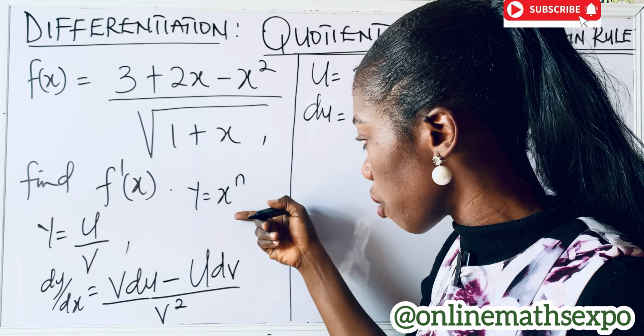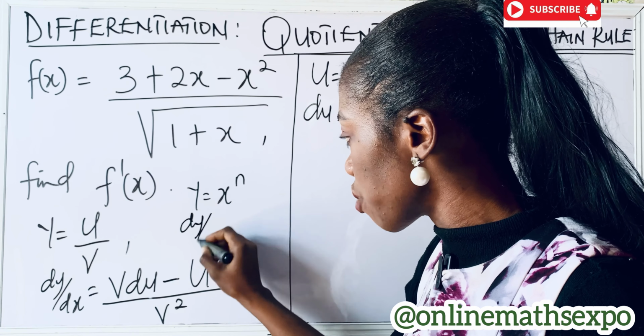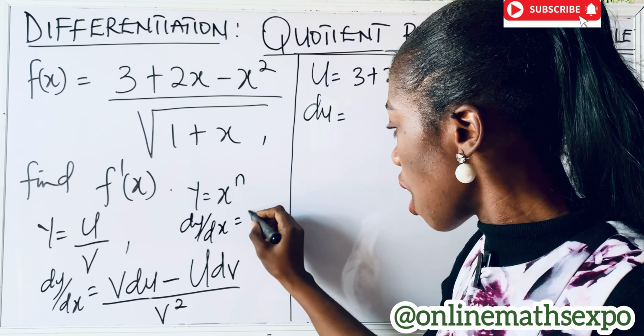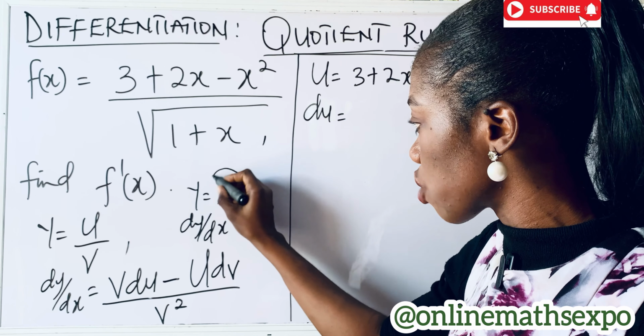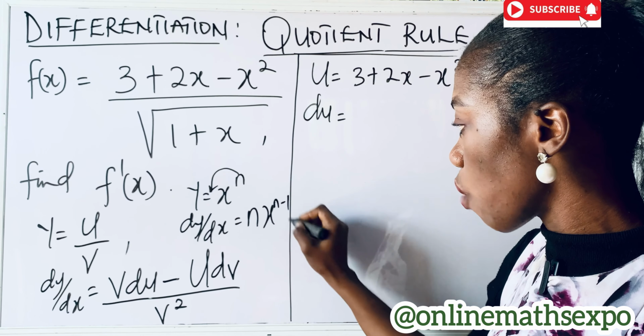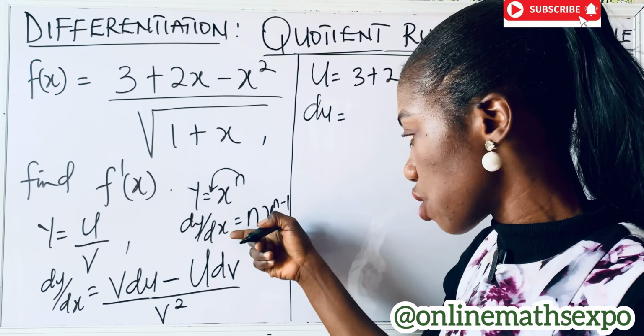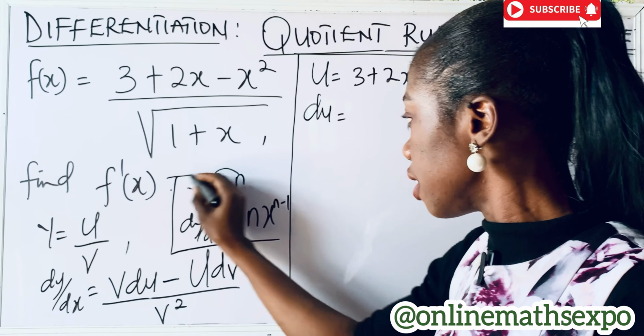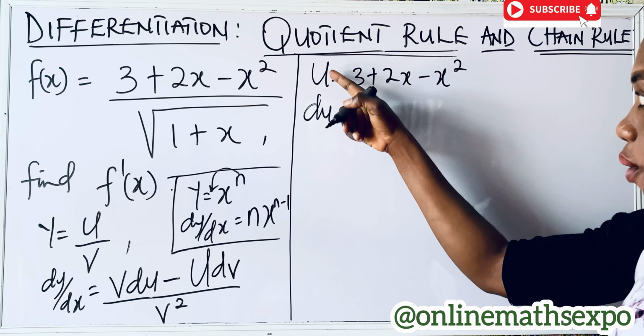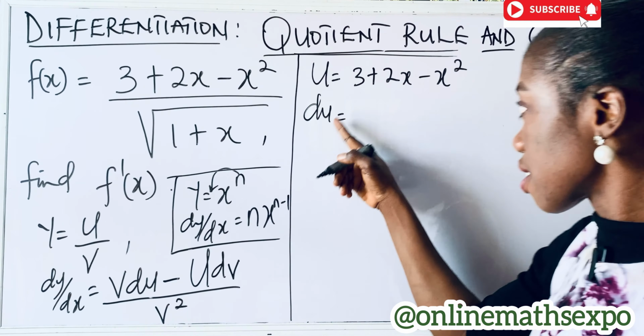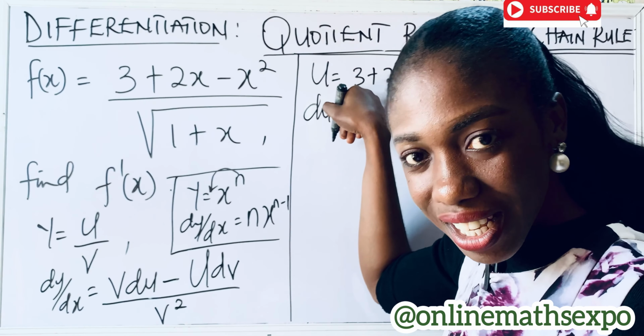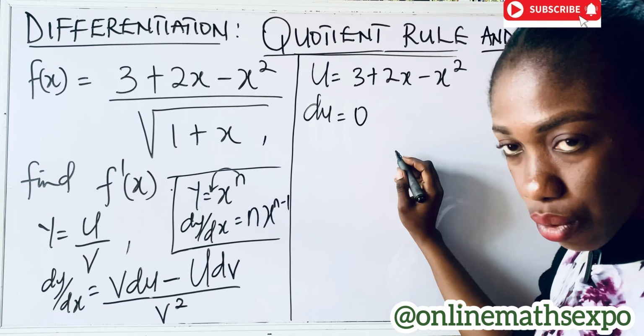So if this is your function, for the power rule, dy/dx is nx to the power n minus 1: use the power to multiply, then take 1 from the power. Now let's apply it here. To get our du or du/dx, when you differentiate 3, it is a constant, so it gives you 0.